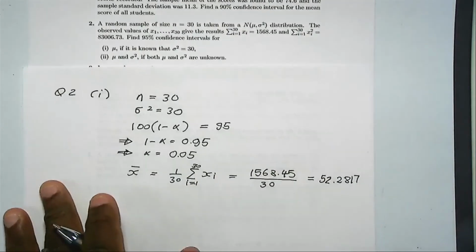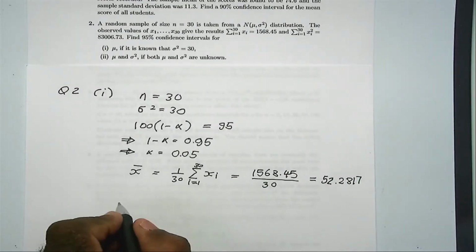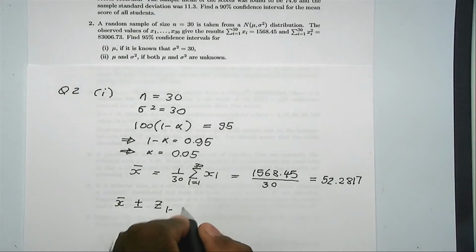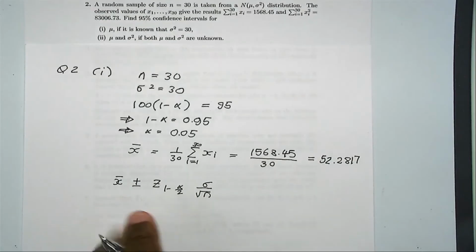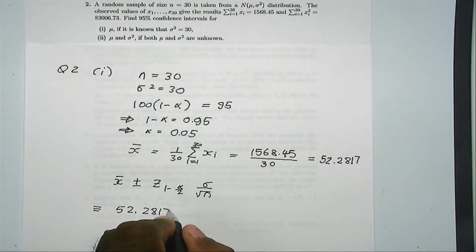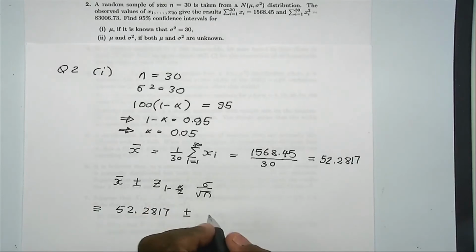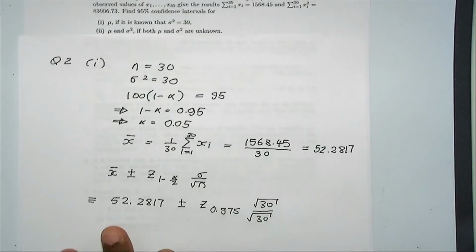Now the formula that I'm going to use, because we are assuming that sigma squared is known, is x bar plus or minus z at 1 minus alpha by 2 times sigma divided by root n. So x bar is 52.2817 plus or minus z at 0.975, with sigma the square root of 30, since sigma squared is 30.